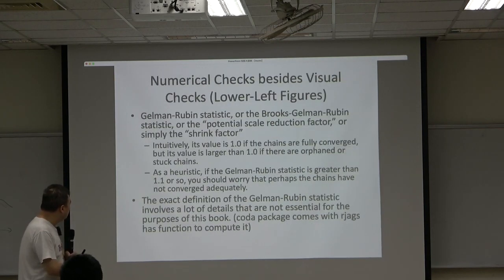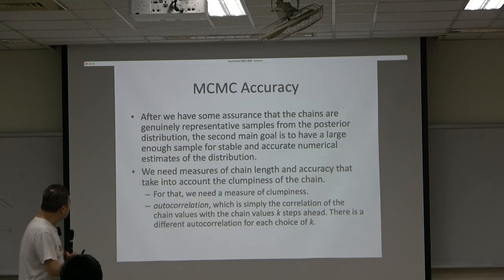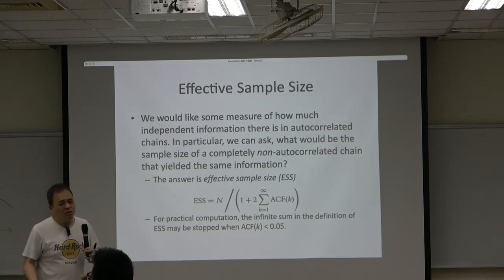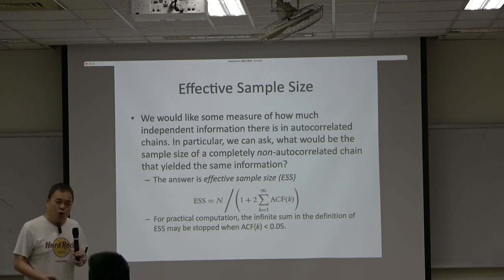You can remember it's defined something like this, right? It's autocorrelation, so correlation could be negative.